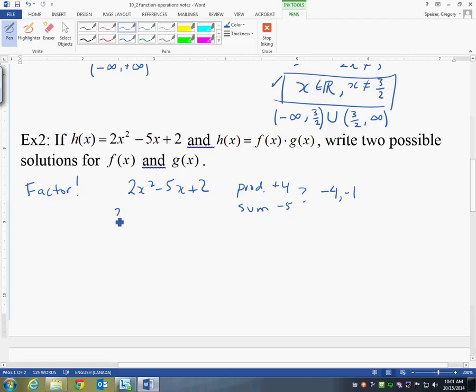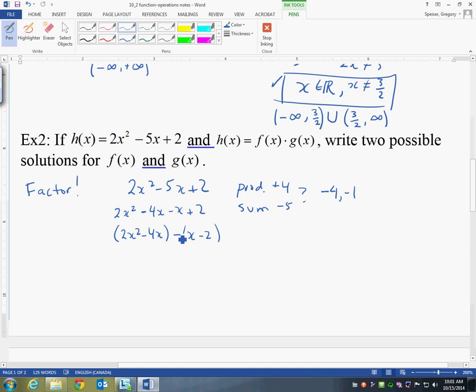So 2x squared, and this minus 5x now expands out like this, and now if I group them, I'll get 2x squared minus 4x. And now I say minus, and I group this, be careful, because this plus 2 turns into a minus 2. And you can just multiply it back to make sure.